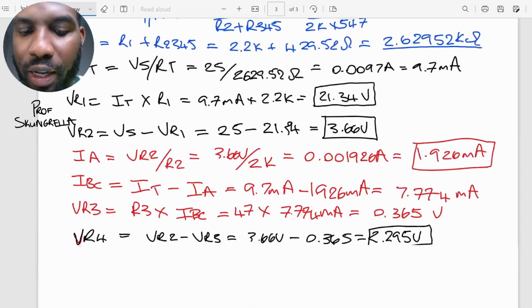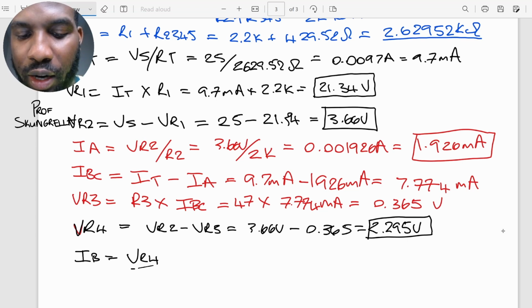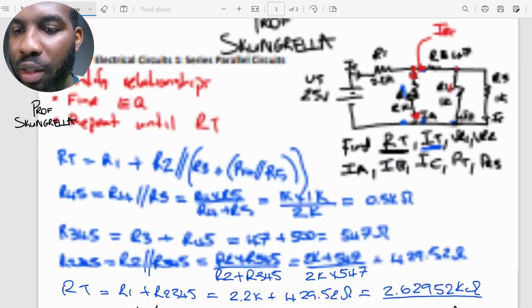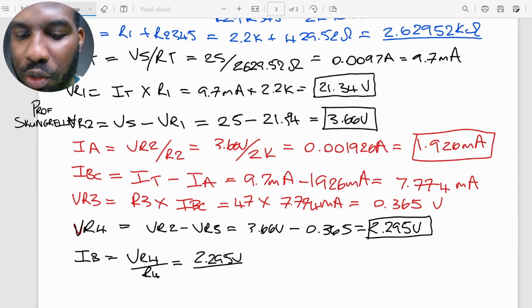Now to find the current, we can choose to use Ohm's law, where we can say that IB is equal to VR4 over R4. So that's going to be 2.295 volts over, I think the resistance is 1K, and since it's 1K, it's going to be the same for both of them.